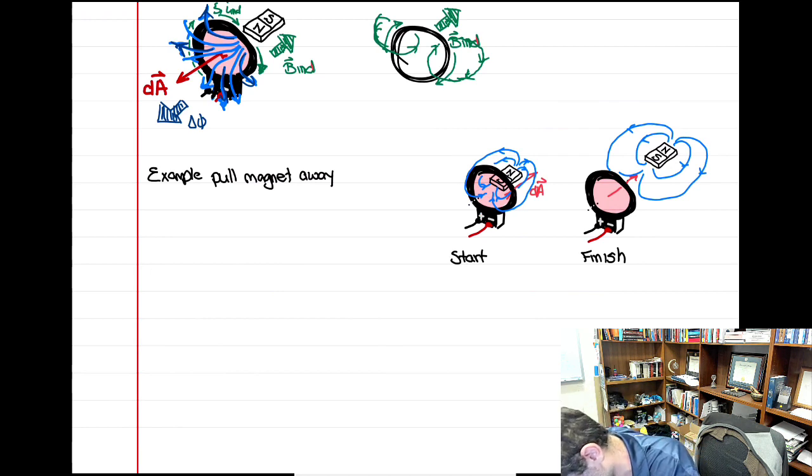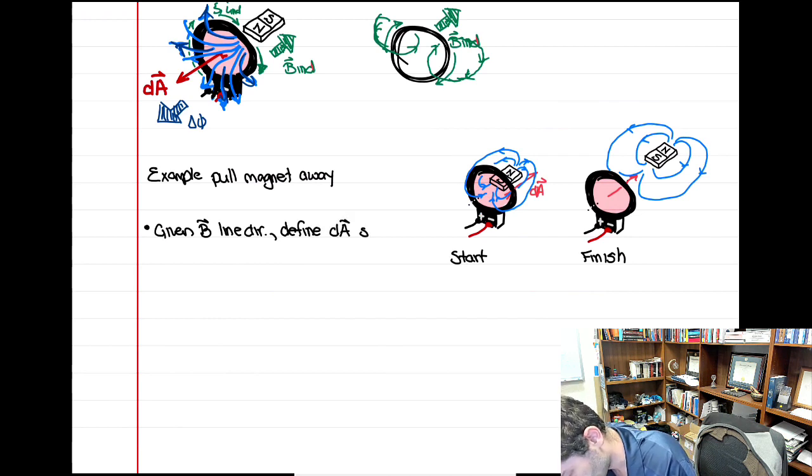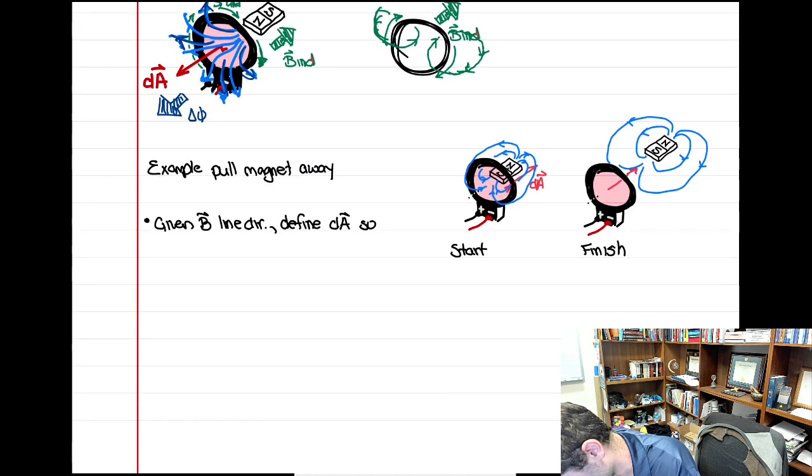So I could say for the first step, given the B field line directions, we're going to define the dA element. So the overall flux at the start is very much a positive number.